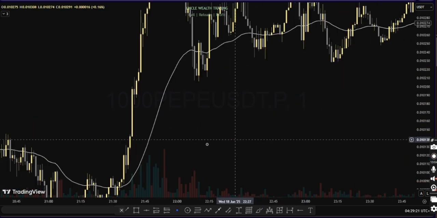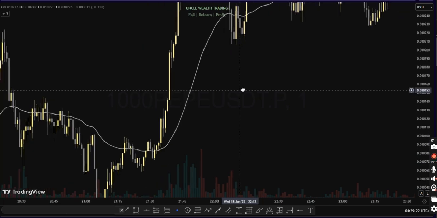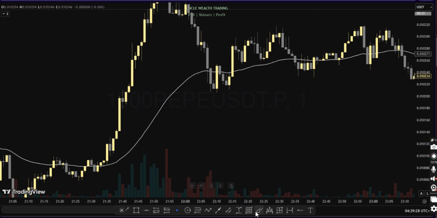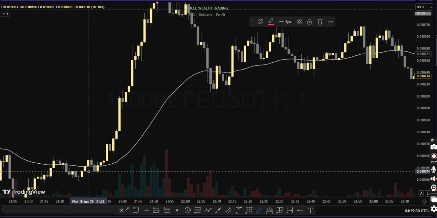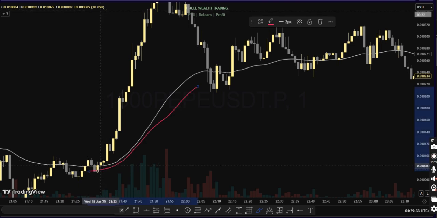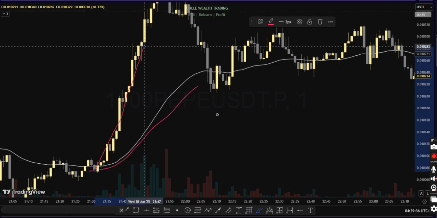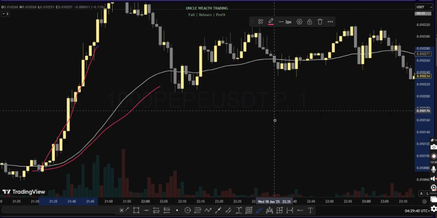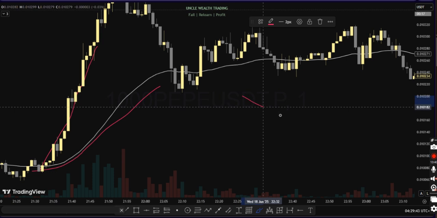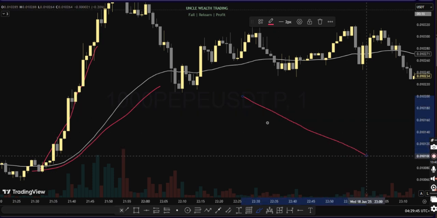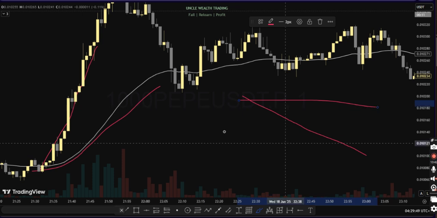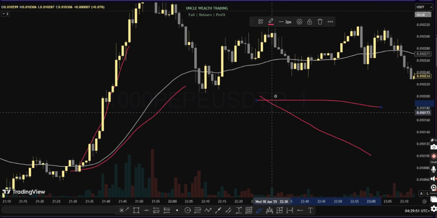But when the trend is strong, like I said, you will notice that in an uptrend, the EMA 50 is going to pull away from the bottom of the candlesticks. If it is a strong downtrend, you'll notice that the EMA 50 is going to pull away from the top of the candlesticks.